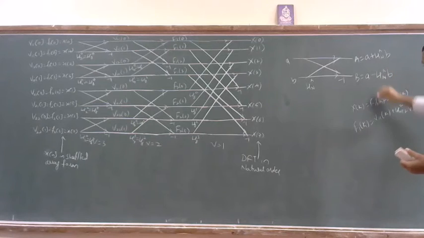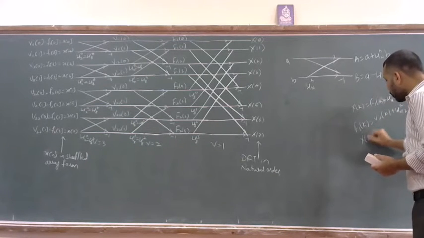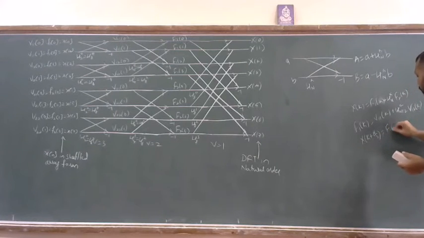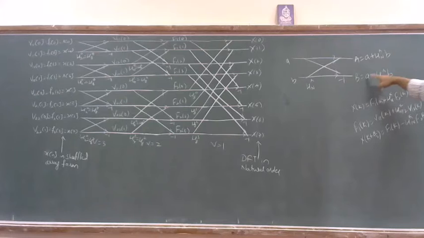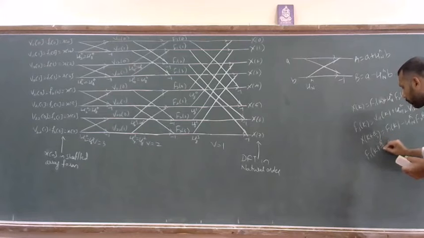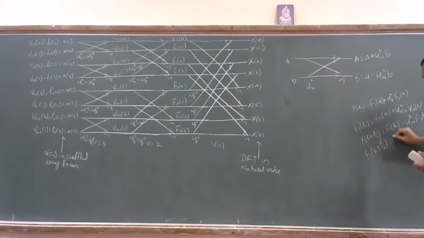And the second equation will be X of k plus N by 2, which was equal to F1 of k minus W_N^k F2 of k. This is the same as capital B here. And if you want to write it with respect to F1, it will be F1 of k plus N by 4 equals, say, V11 of k minus W_{N/2}^k V12 of k.